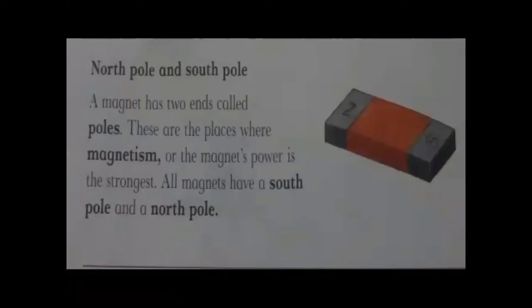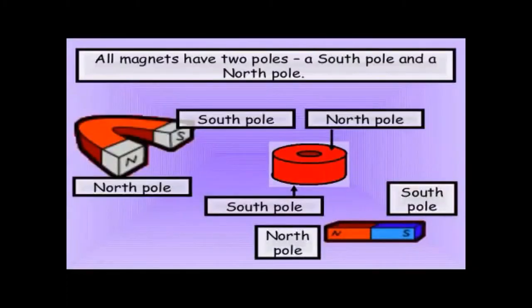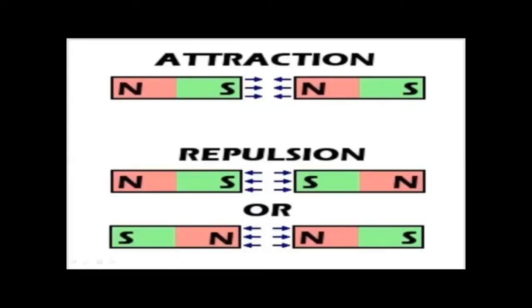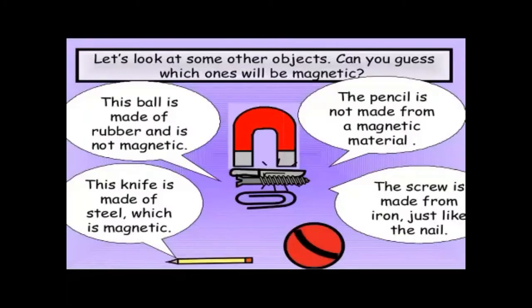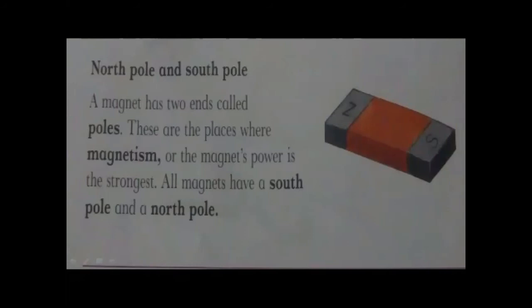Okay students, now the next topic is about poles. So students, what do all magnets have? All magnets have poles. A magnet has two ends called poles.